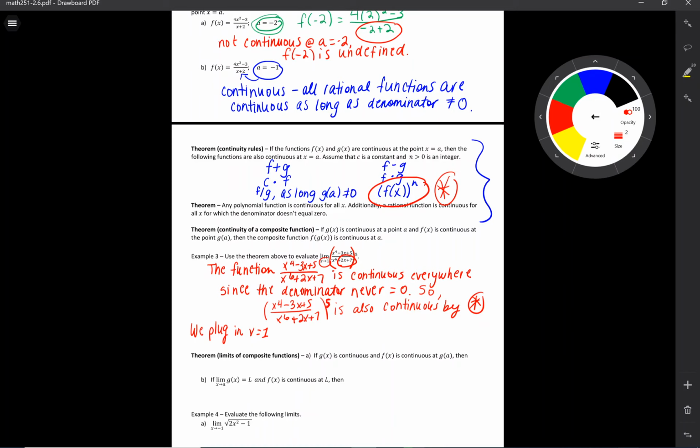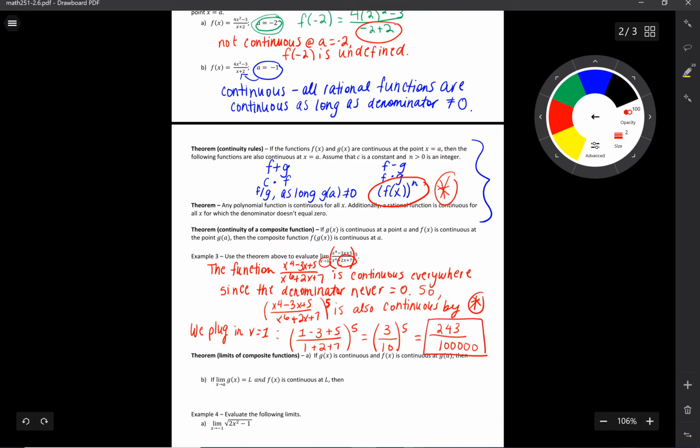When I plug in x equals 1, I get 1 minus 3 plus 5 over 1 plus 2 plus 7, to the power of 5. This equals, let's see, 3 to the power of 5 over 10 to the power of 5, which is 243 over 100,000. So this is my limit of this function.